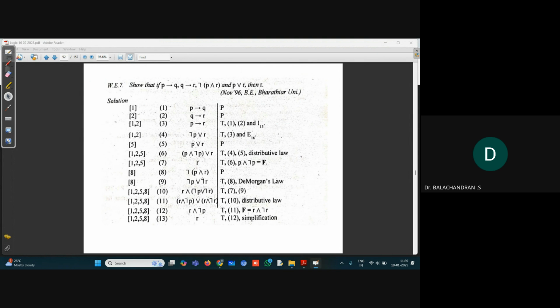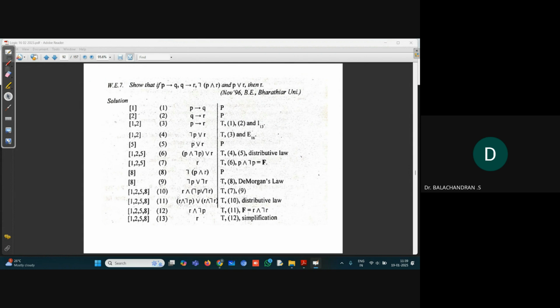Now, yes, 7 and 9. This is P, this is Q. So P and Q: R and (negation P or negation R). Now apply the distributive law: (R and negation P) or (R and negation R). R and negation R is false.